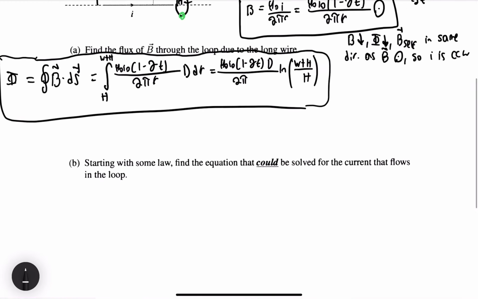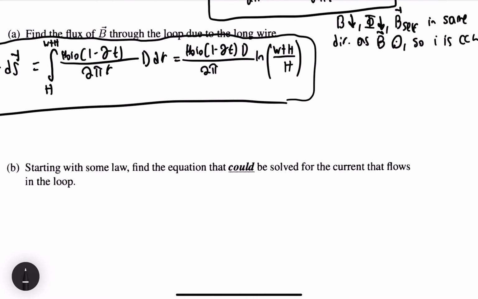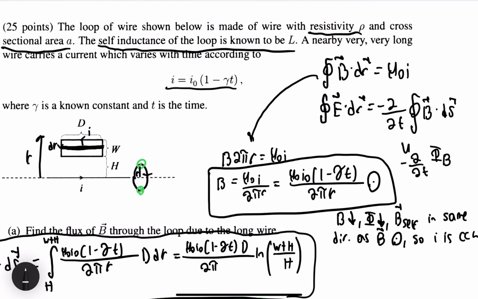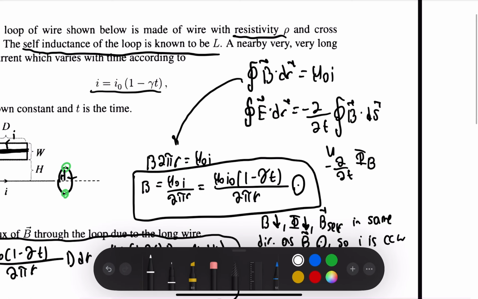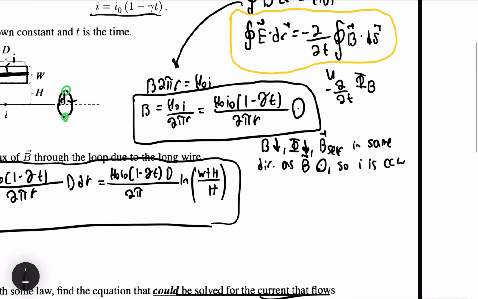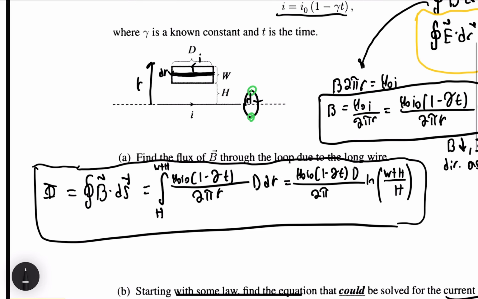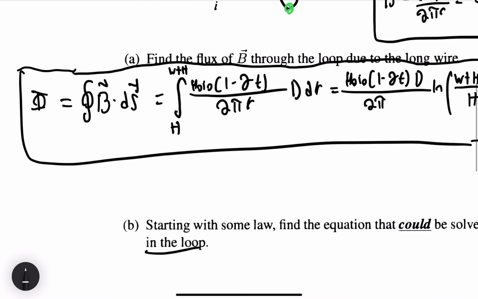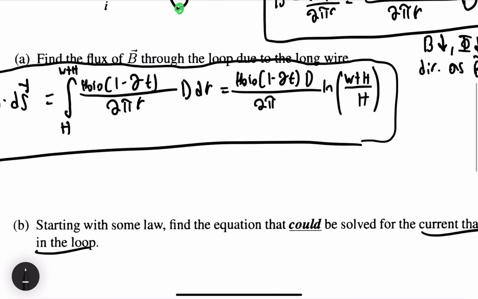And then part B, starting with some law, find the equation that could be solved for the current that flows in the loop. So we're going to use this law pretty much, because right now we only found the flux. So let's take the partial with respect to time of the flux that we found.